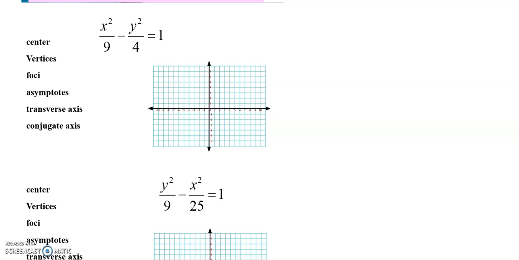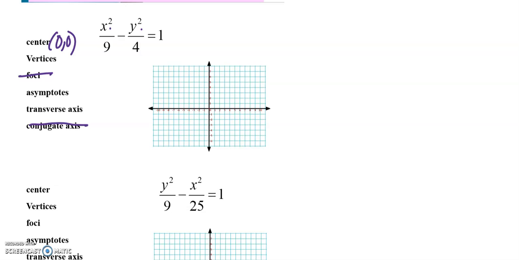So we have a center, or where our graph is going to begin, at 0, 0, because there was nothing added or subtracted up top in the numerator. Now, the foci you will not have to be able to name. Conjugate axes you will not have to be able to name. Doesn't matter what it is. The asymptotes, I'll show you about those, are something you have to name.